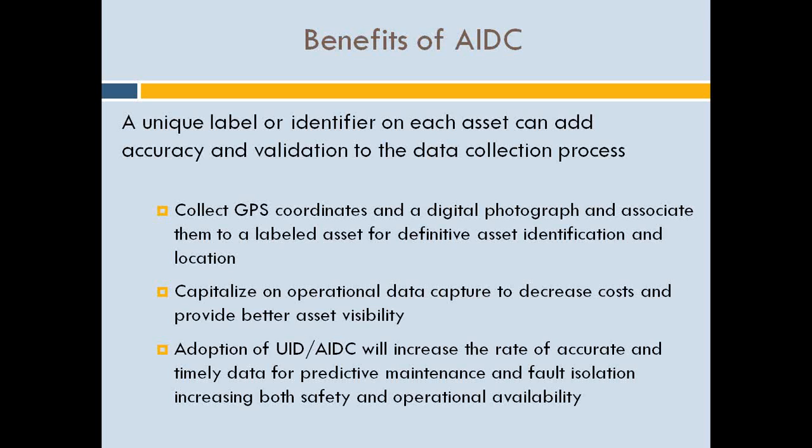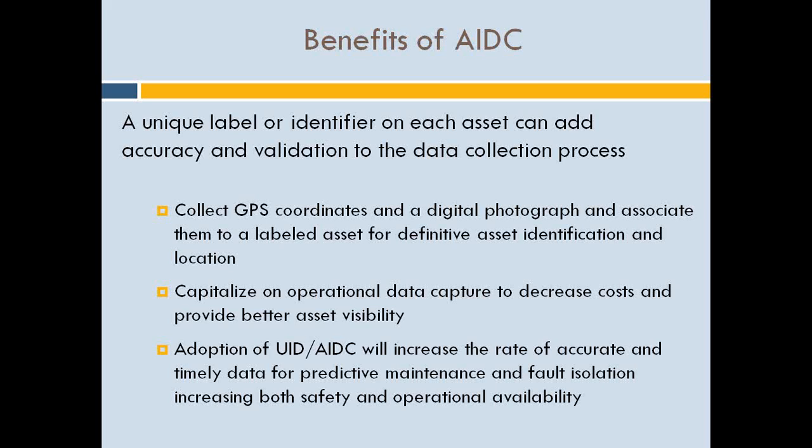It also gives you the ability to more quickly capitalize on operational data. Typically with manual data collection and transcription, it can be days before anything you find out about that asset during an audit or inspection becomes available to the users. With an AIDC system, as soon as that project is uploaded to the computer, you have visibility of what went on in the field.